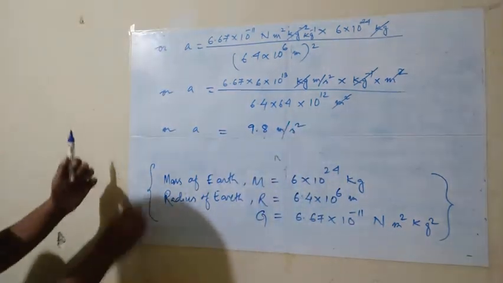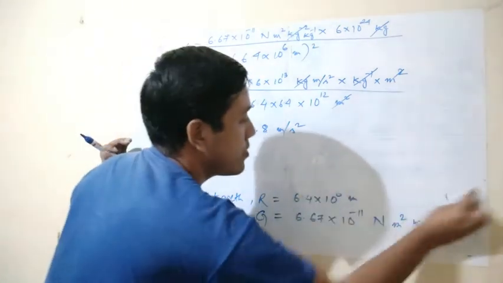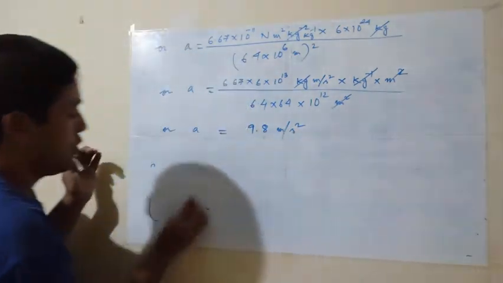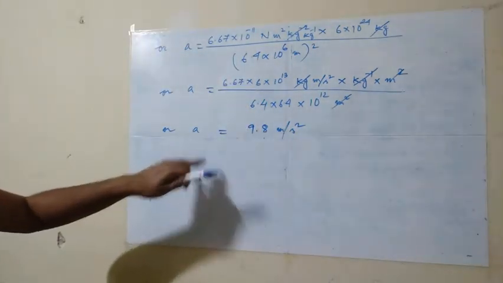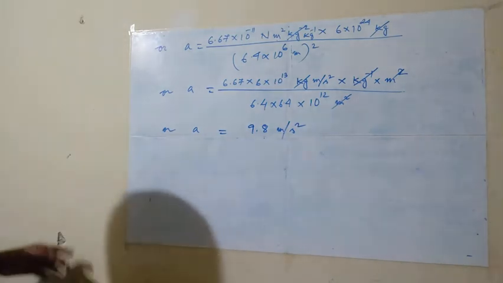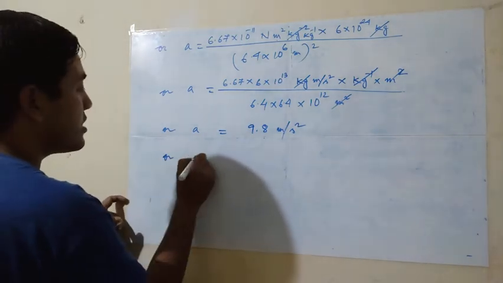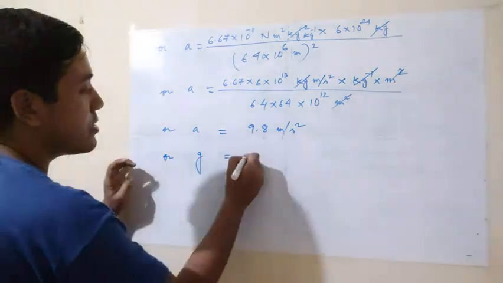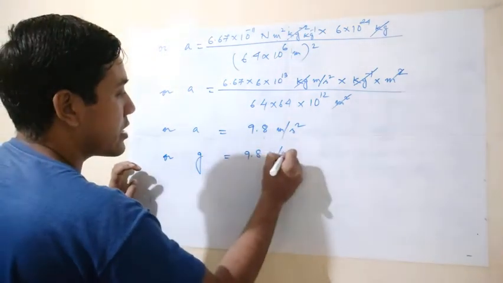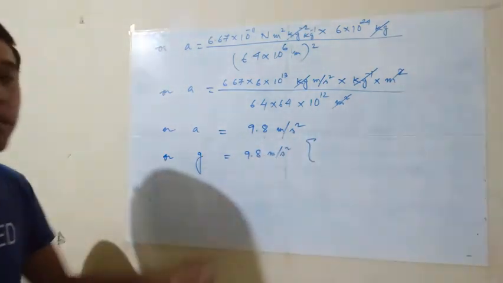Now this acceleration A is equal to 9.8 meter per second square. Or this acceleration A is equal to g, that is 9.8 meter per second square. Why am I writing it in here?